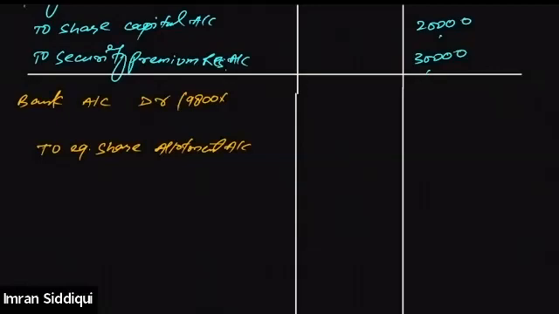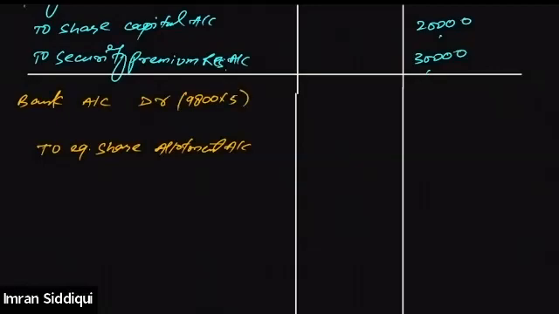On allotment, we will be receiving 5 rupees, so we'll multiply this by 5 rupees.